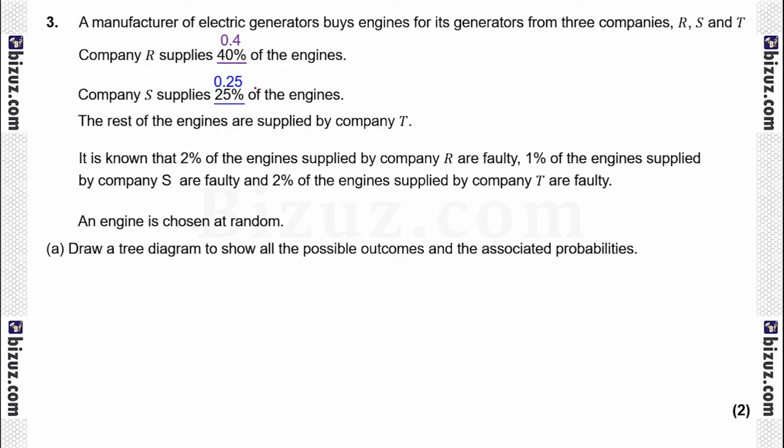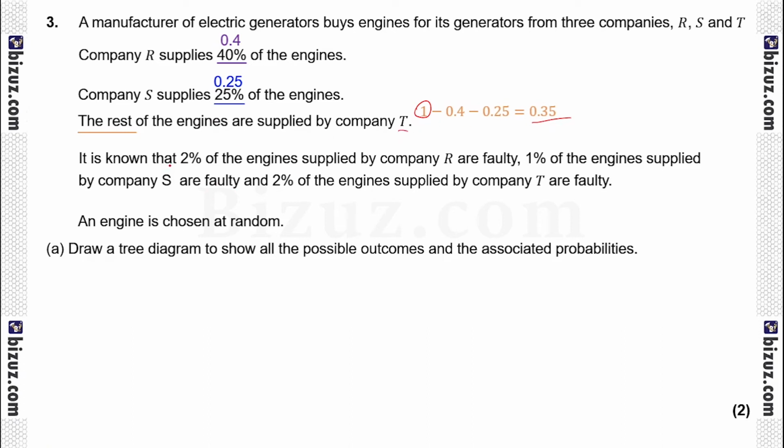Again, that's going to be 0.25, and the rest of the engines is supplied by company T. Basically, the whole proportion is going to be 1, same as in probability, and from that you subtract all the other ones. So 1 minus 0.4 minus 0.25, and the portion for T is going to be 0.35.